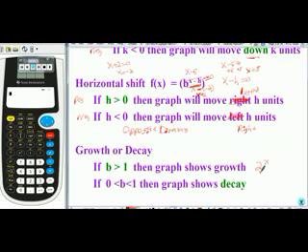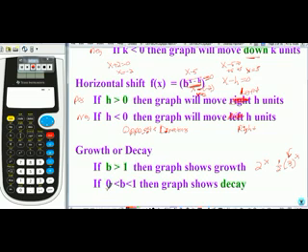Matter of fact, that's a doubling function. It could also look something like this, so be careful. I could have 1/2 times 3 to the x. The b here is actually the 3. The 3 is bigger than 1, so it's a growth function. The 1/2 out here, hey, that's kind of where I started. That's my initial value, or my stretch, or my shrink.